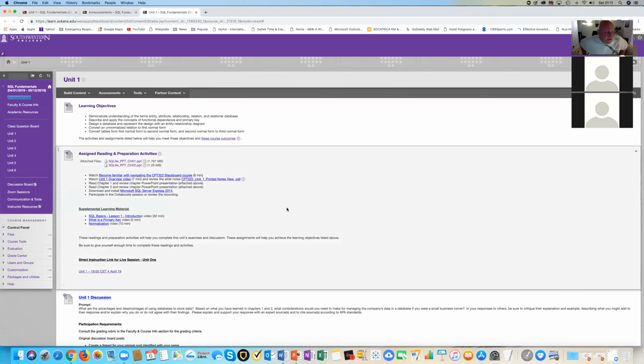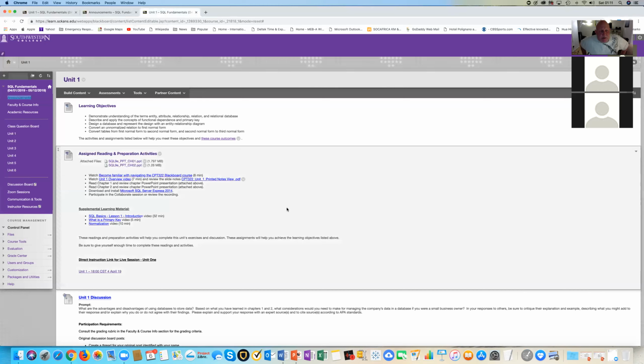So let's go over this Unit 1's first week's objectives. As you can see on my screen, and in your course, this first week we are looking at demonstrating understanding of the terms entity, attributes, relationship, relational databases.